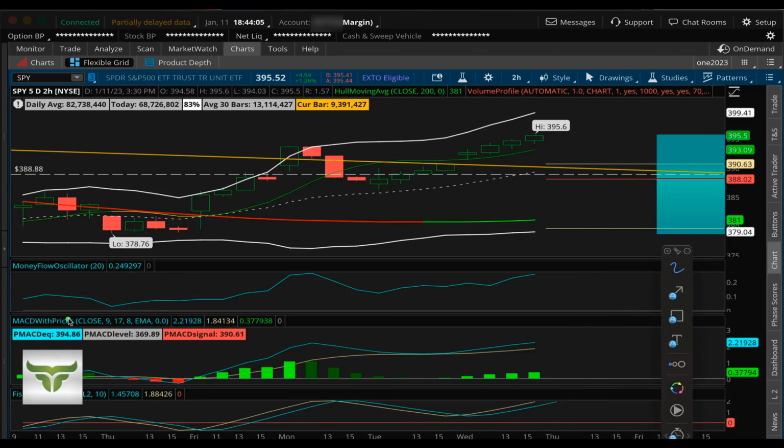This is when you can use the MACD, because the MACD is momentum. You see the histogram building traction, building steam, and you see it ripping.